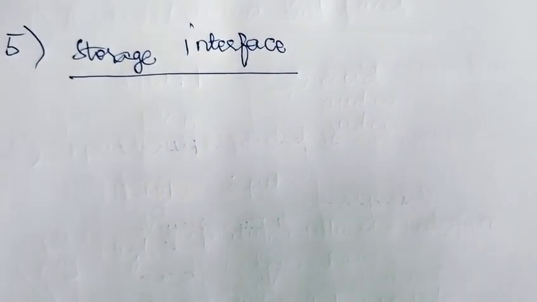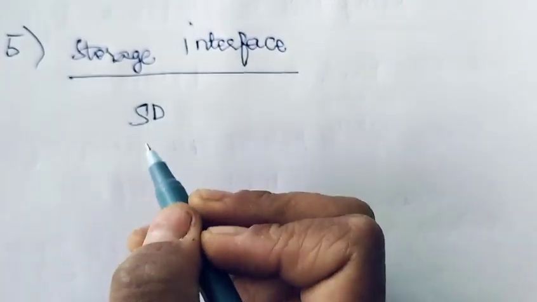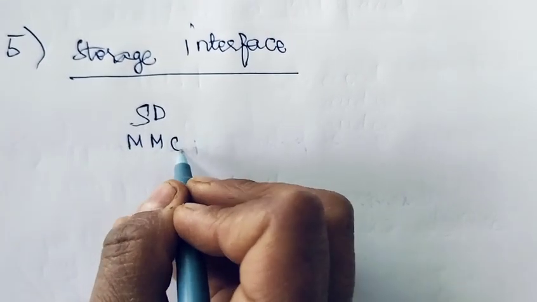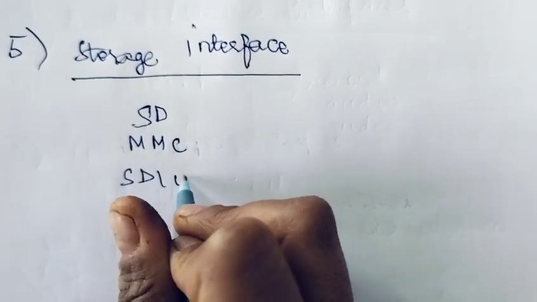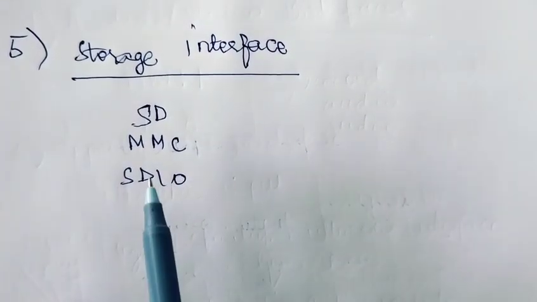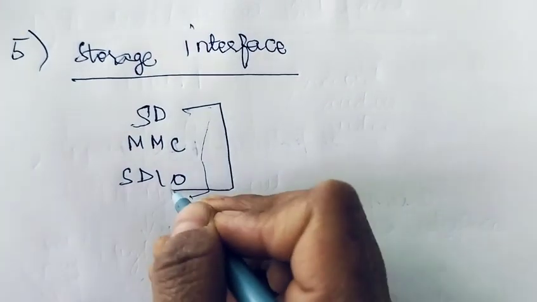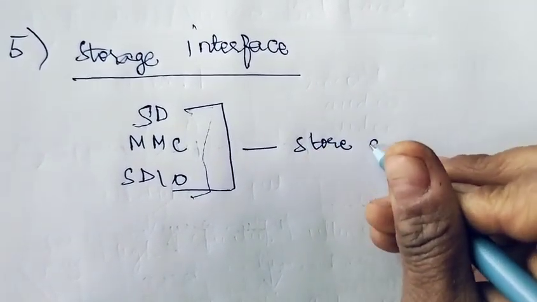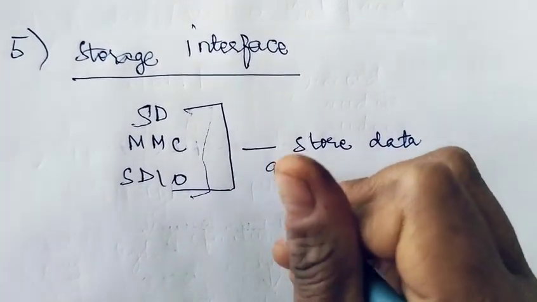The storage interface basically consists of things like the SD cards that you must have heard of, the SD, then your MMC, then your SDIO. These are used in the storage interface to store the data generated from an IoT device. So whatever data is generated by the IoT device is stored using these devices.